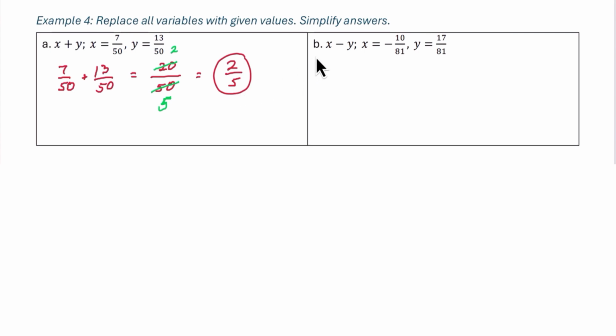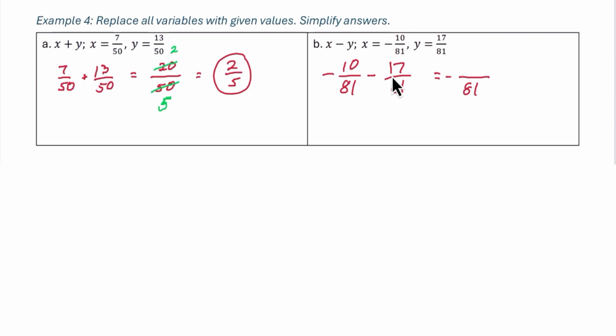In example B, we are again making a substitution. We have negative 10 over 81 minus y, which is 17 over 81. We have common denominators, so we know the result will have a denominator of 81. And now let's subtract. Negative 10 minus 17.